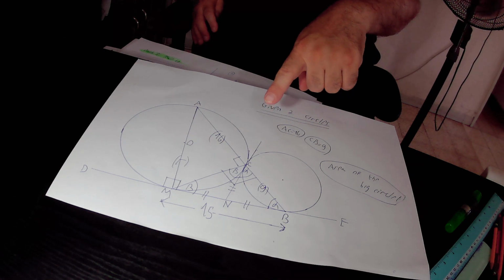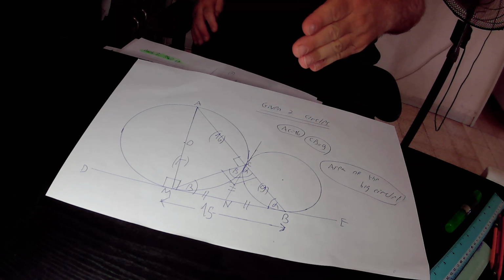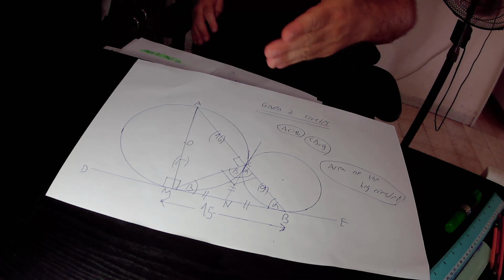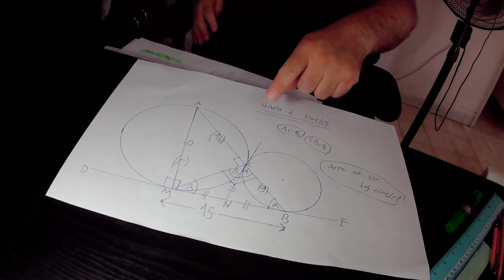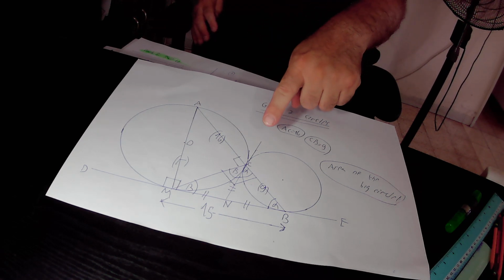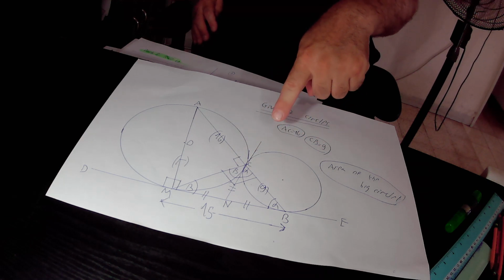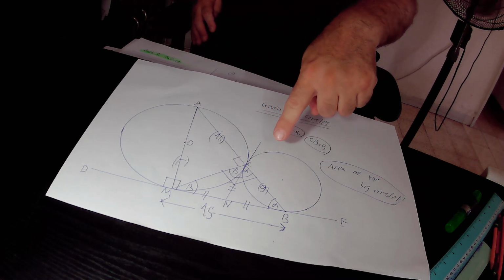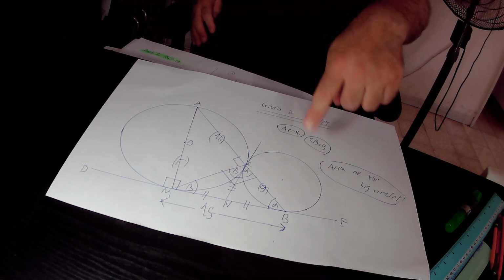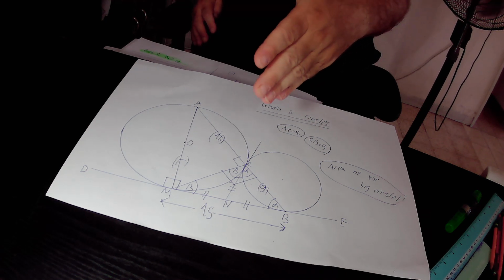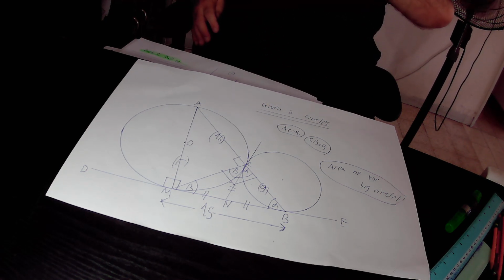That is a common tangent. Tangent CN belongs to both circles. Tangent CN is a tangent to the big circle, and it is also tangent to this small circle. So CN is a common tangent that belongs to both circles.